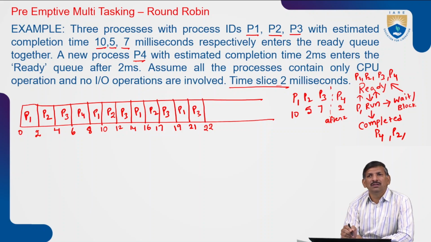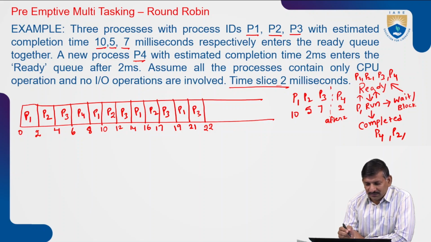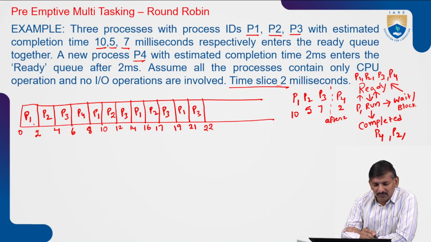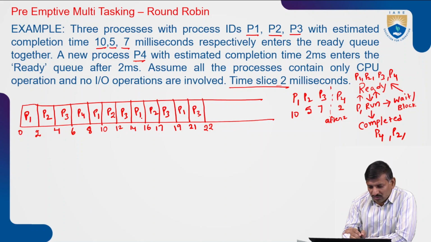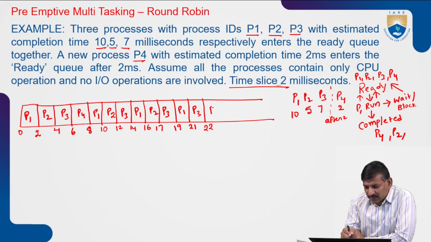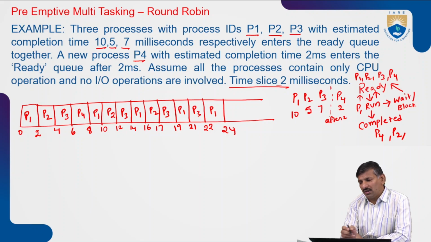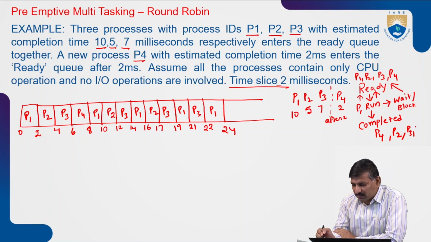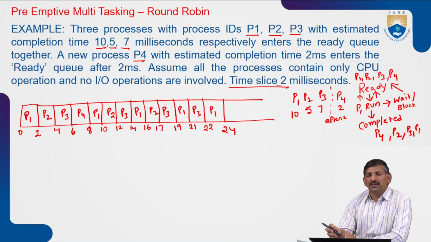Next, again check P1. How much execution time is completed for P1? So all the processes, P3 and P1 as well, are completed.